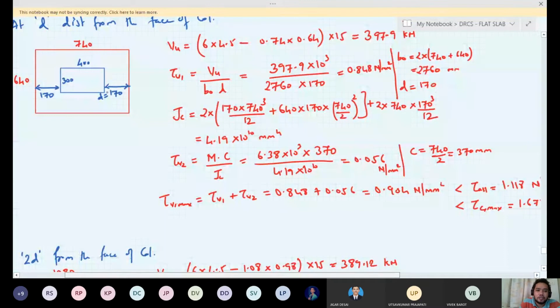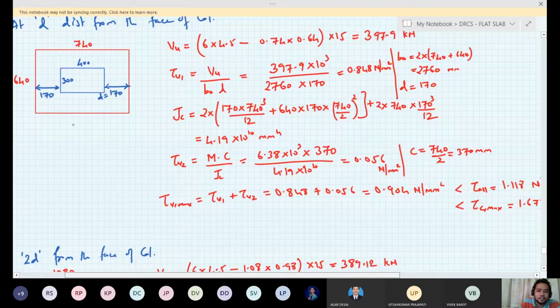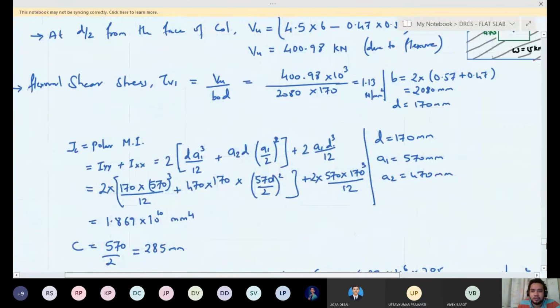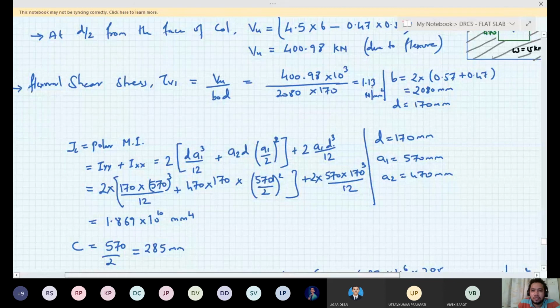So that section at d distance and 2d distance we have taken just to find the extent of the shear reinforcement, means up to what extent we have to provide it. But the actual shear stress has to be checked at d by 2 distance from the face of the column. So whatever the shear stress at d by 2 distance, that we have to take.